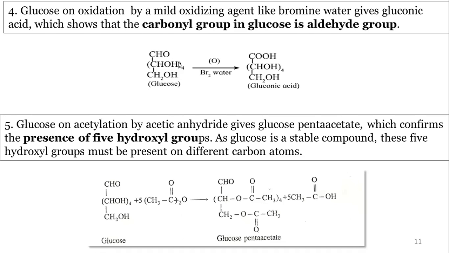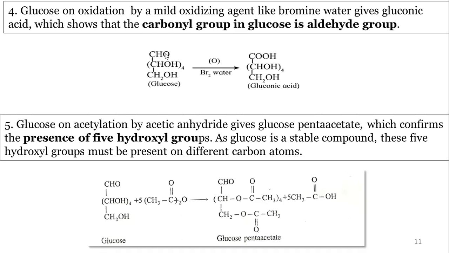So if you want to decide whether the carbonyl group in glucose is aldehydic or ketonic or carboxylic acid or ester, glucose is oxidized with a mild oxidizing agent like bromine water. Here bromine water acts as the oxidizing agent. Clearly we can see here that the CHO group is converted into COOH. The remaining structure has no change.